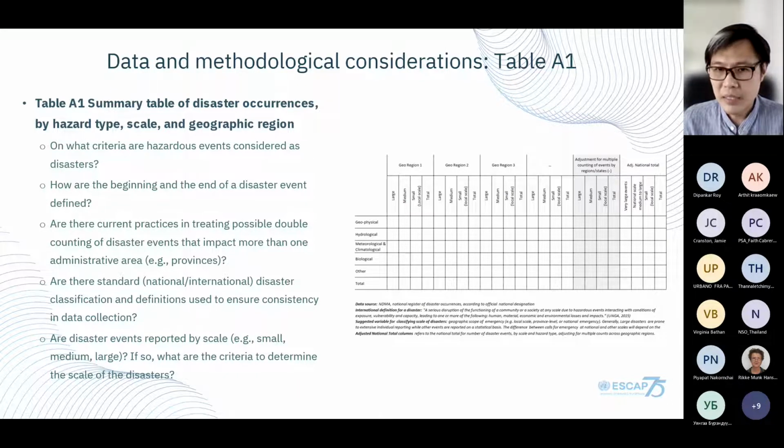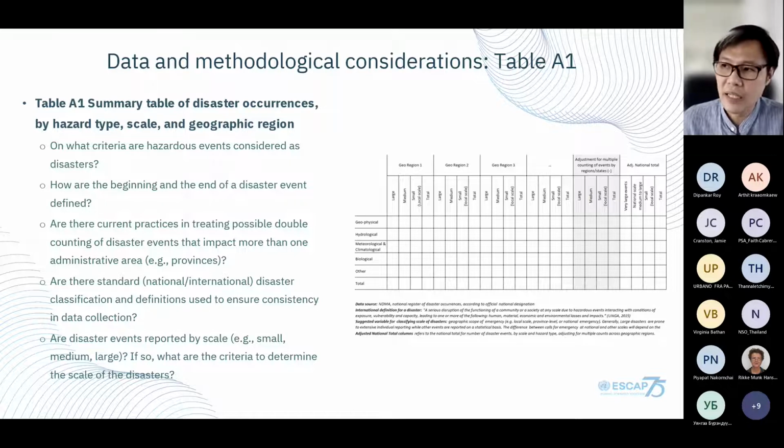And you would see the light gray shaded column that reads the adjustment for multiple counting of events by region or states. That came out due to the fact that one disaster could potentially impact more than one region or administrative area, depending on how data are reported.